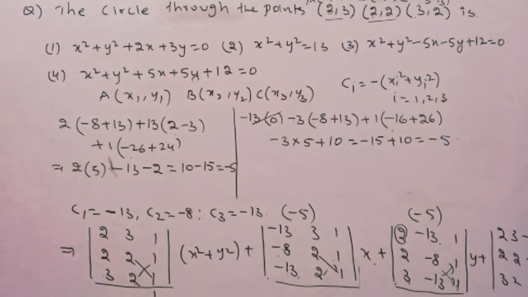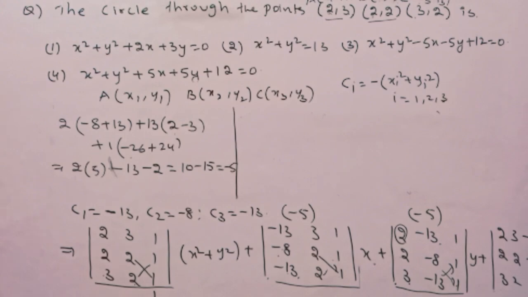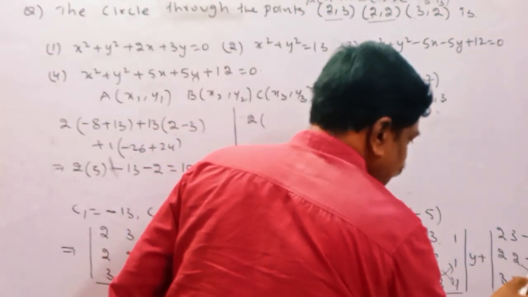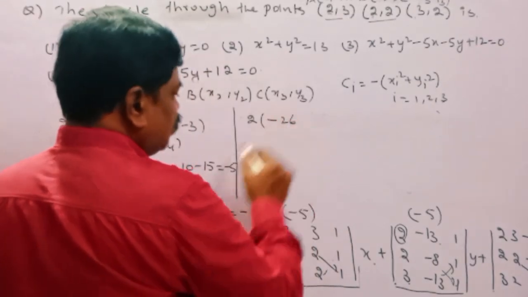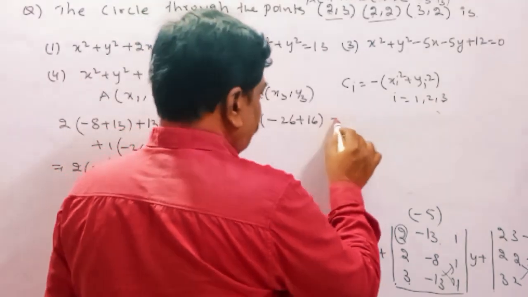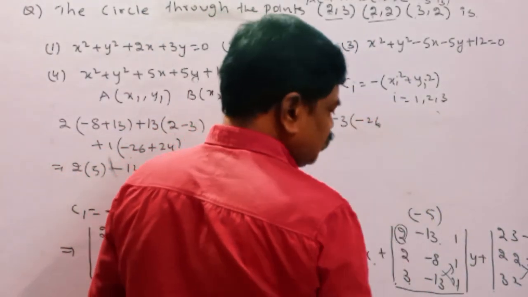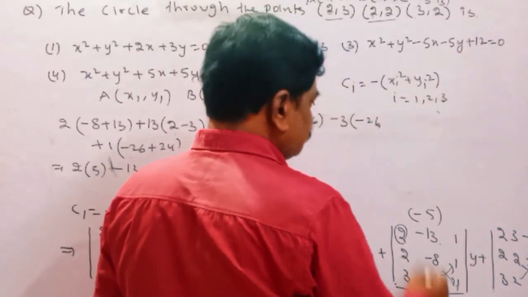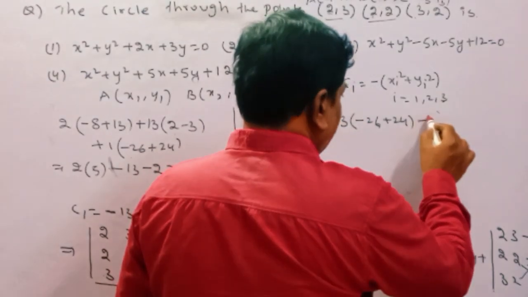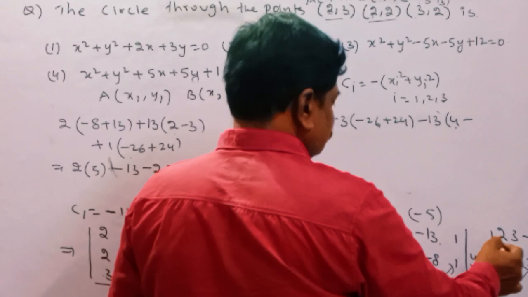So here, this value is 2 of minus 26 plus 16, minus 3 of minus 26 plus 24, minus 13 of 4 minus 6.